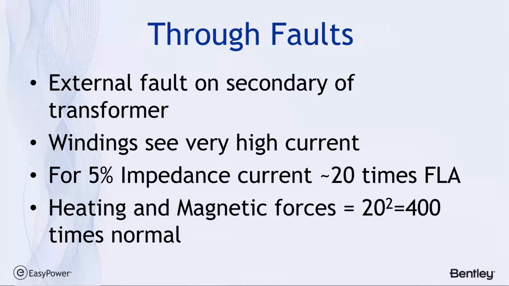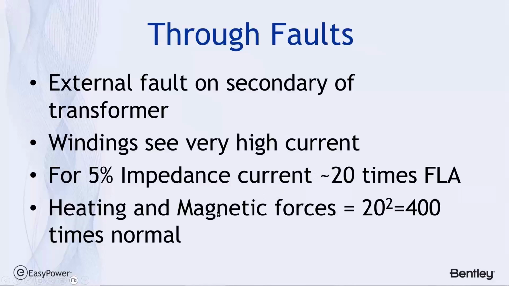So again, what we consider to be a through fault is an external fault on the secondary of the transformer itself. The windings see very high current. For instance, with a 5% impedance transformer, the full load current will be roughly on the magnitude of 20 times, the secondary will be 20 times that of the primary.